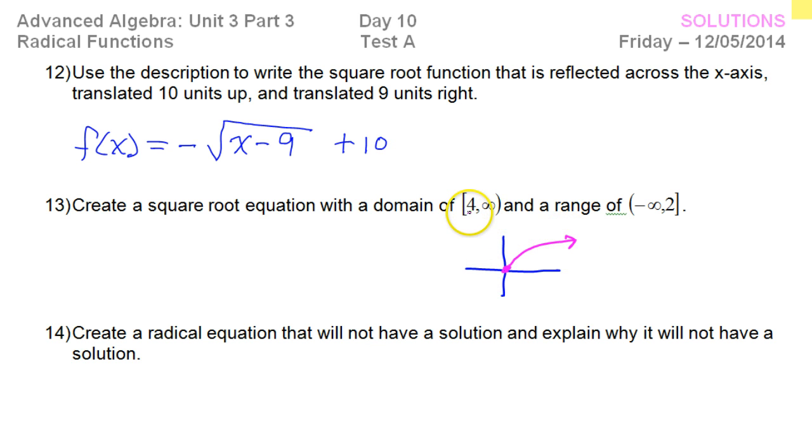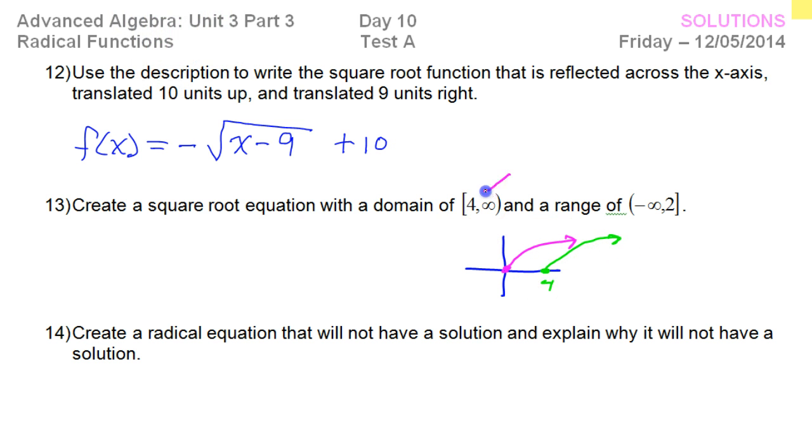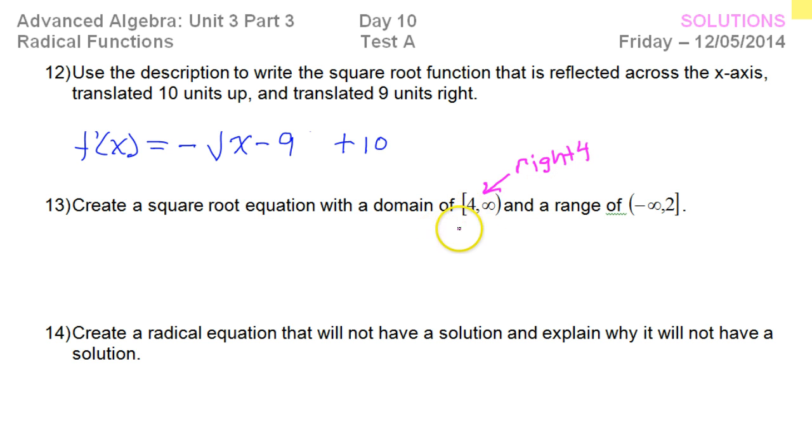So if it's going to have a domain of 4 to infinity, that means it would have to be shifted over to the right by 4. Okay, so it'd have to be over to the right 4 so that the domain could become 4 to infinity. So the key is looking at this and understanding that this represents a shift to the right by 4.